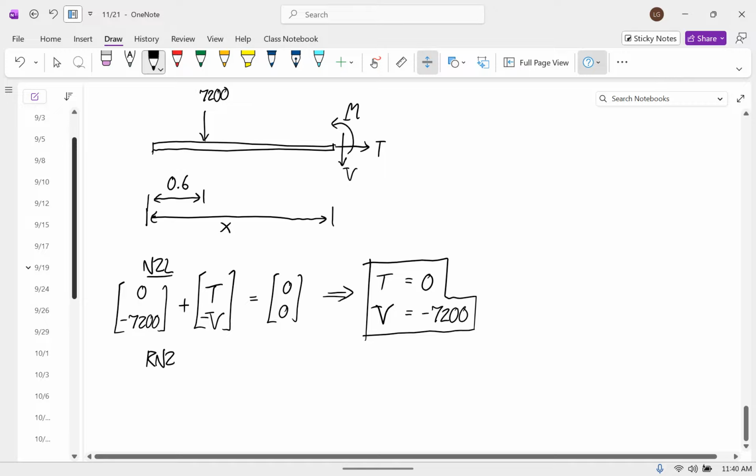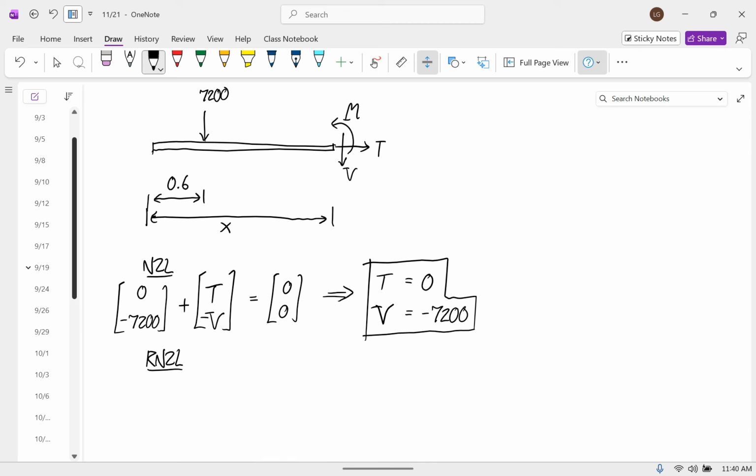And then the moment equation. We have a moment arm of 0.6 times a magnitude of the force of 7,200. If the about point is here, would that force make it rotate clockwise or counterclockwise?